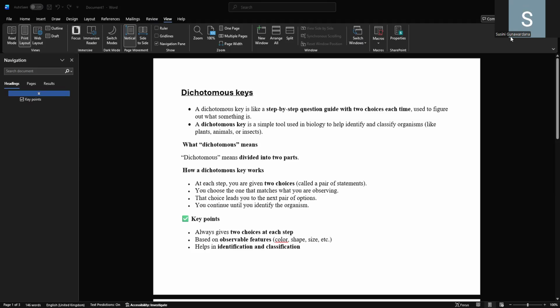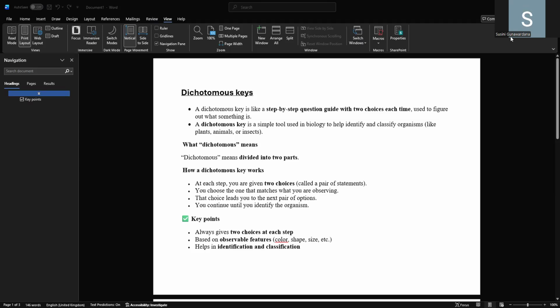In biology, it will probably be an organism. So this is a tool used in biology to identify organisms by answering a series of questions. This is very important. Here, we will be taking one characteristic and checking whether this characteristic is there in that particular organism.